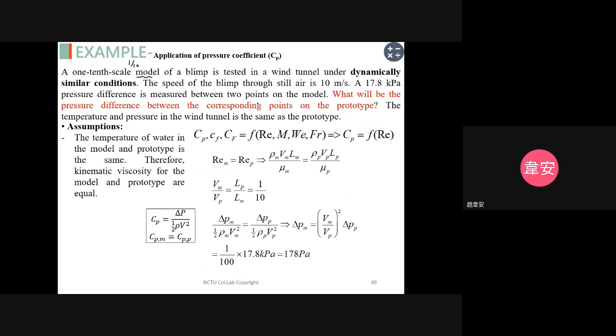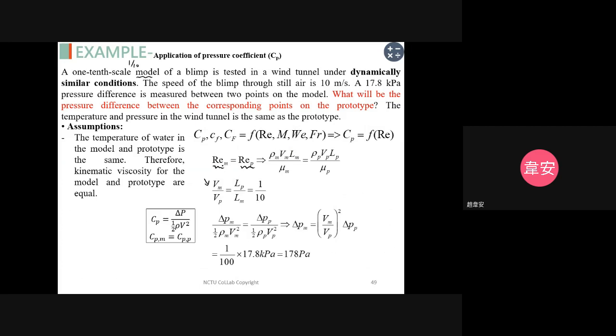So again, we need the Reynolds numbers to be equal between the model and the prototype. We see that the velocity ratio between model and prototype is equal to the length ratio Lp divided by Lm, which is equal to 10 over 1.